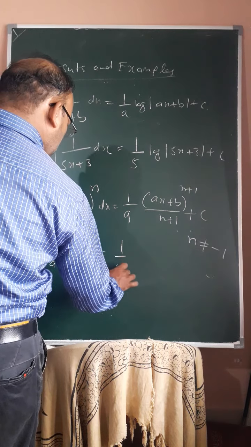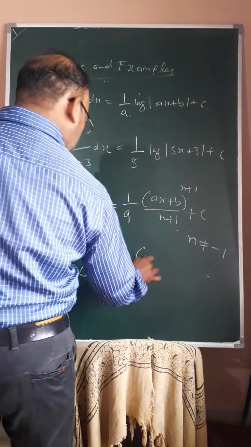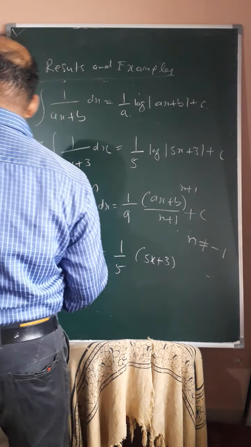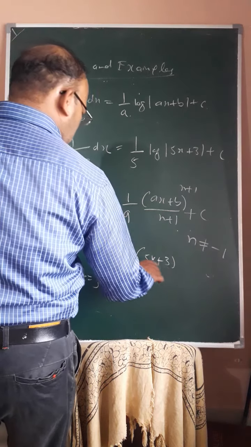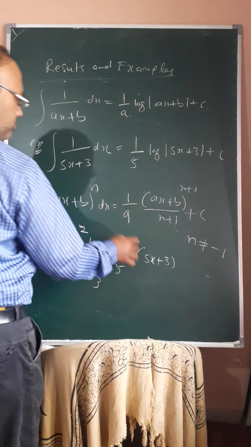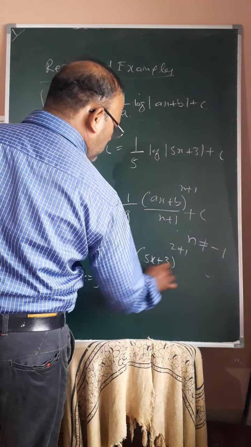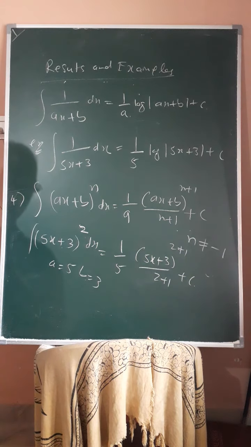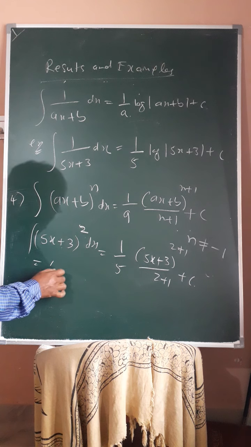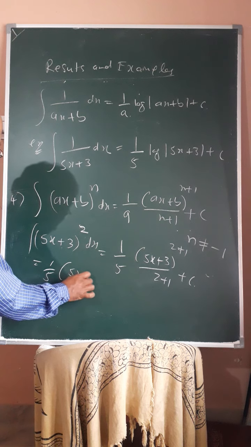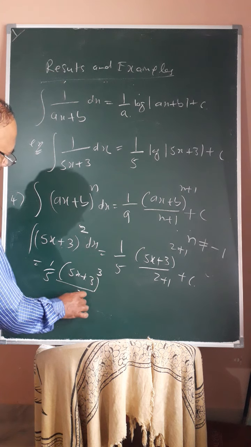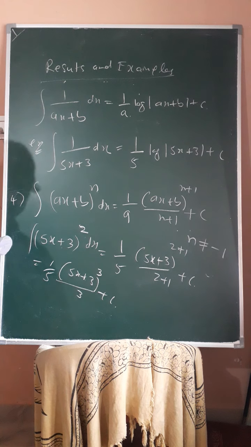So 1 by 5, 5x plus 3 whole to the power of 2 plus 1, divided by 2 plus 1, plus c. So this is 1 by 5, 5x plus 3 whole to the power of 3 divided by 3, plus c. So this is the answer.